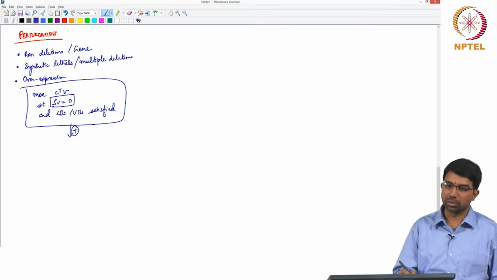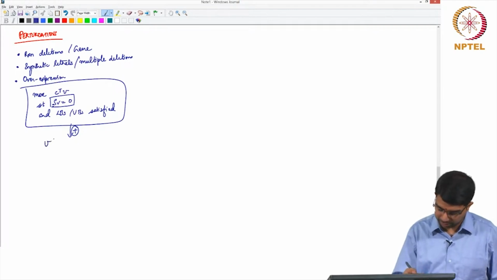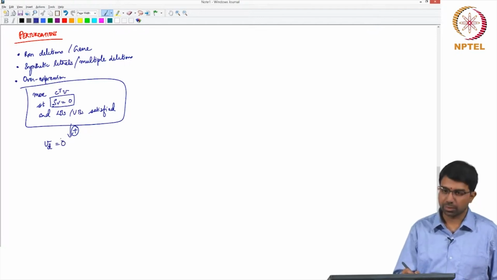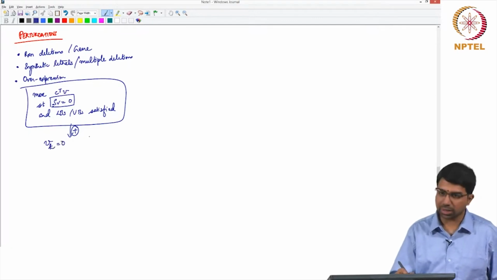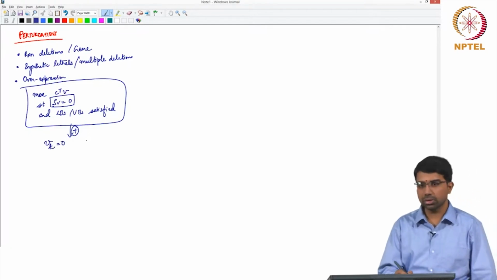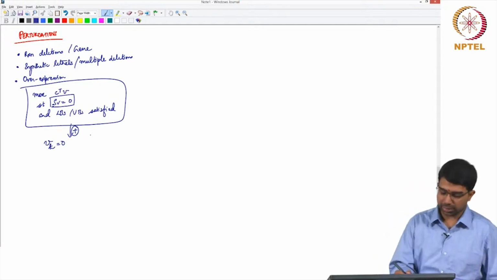For a deletion, how do you simulate a deletion? So, add an additional constraint saying V k equals 0 for some reactions that we want to delete, for a single reaction or multiple reactions.